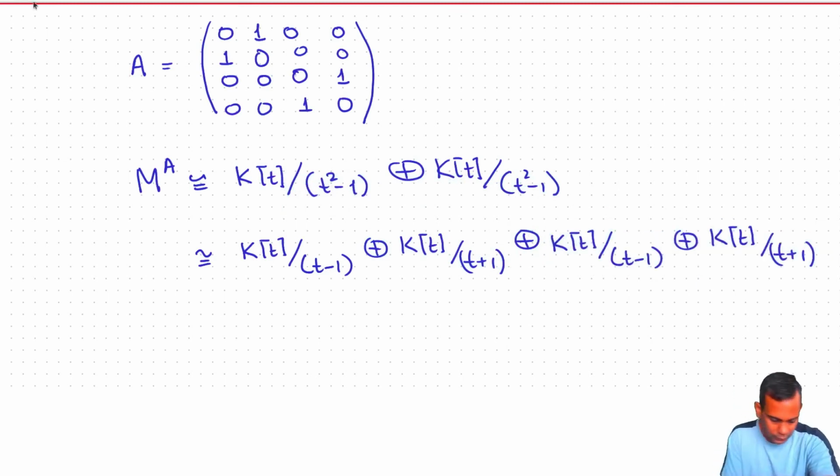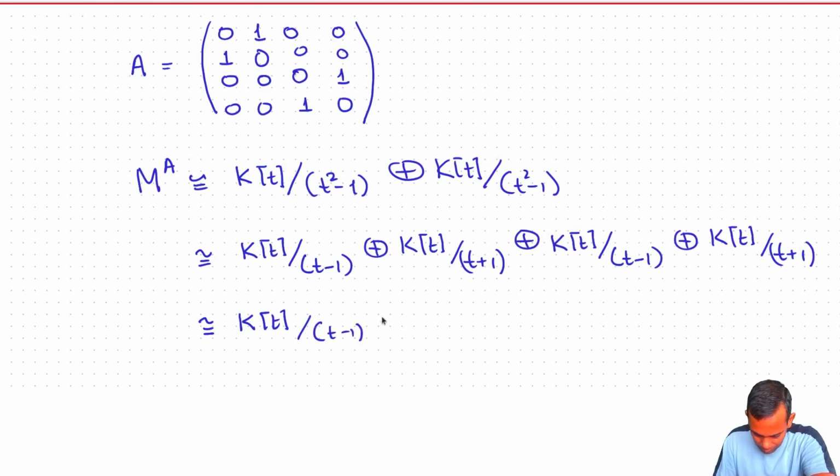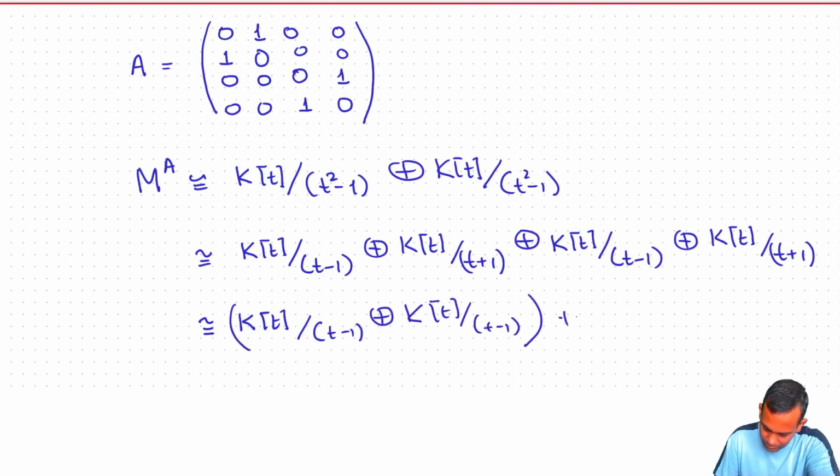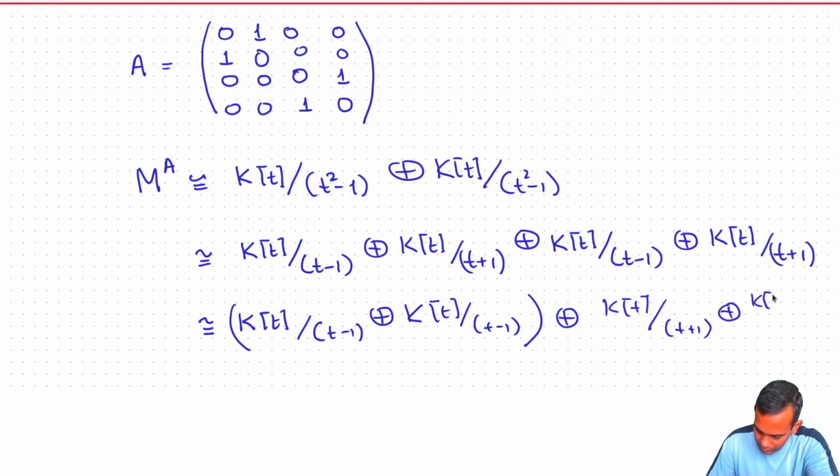Now what you do is you must collect the same type of terms. So this is isomorphic to KT mod T minus 1 plus KT mod T minus 1, and then KT mod T plus 1 plus KT mod T plus 1.